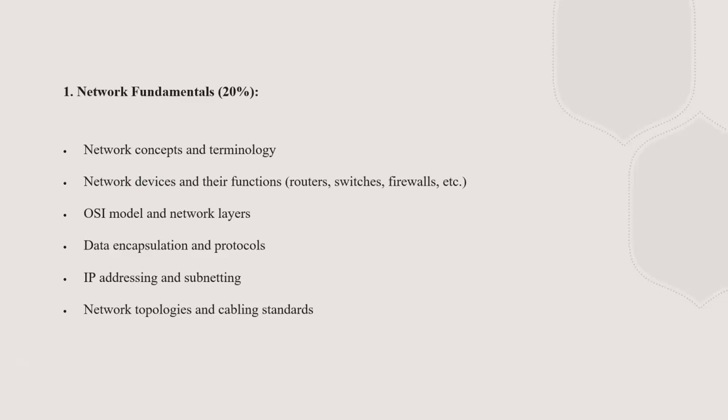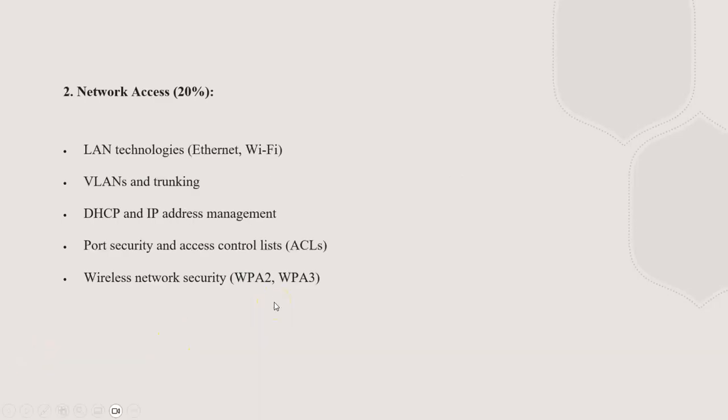Data encapsulation, how the data is encapsulated into packets, and the different protocols related to it, like FTP and HTTP, IP addressing and subnetting, network topologies, and cabling. And then we will see network access, how we can access the network.